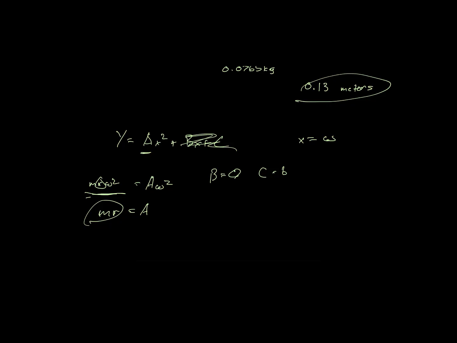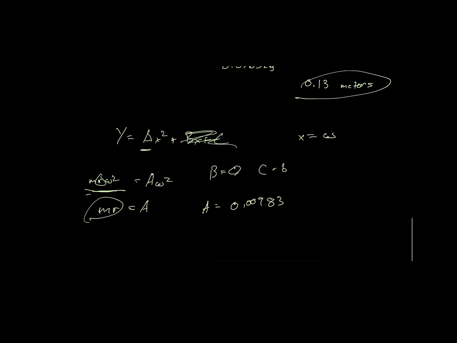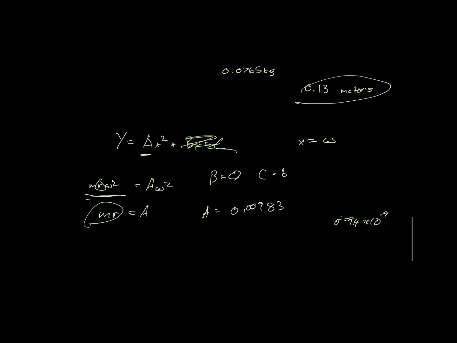And this time our A is 0.00983. You can see it's pretty close to the little m we had before. The difference, and this is what I'm trying to highlight, is that our uncertainty this time is 9.4 times 10 to the, I can't really see it, it's to the -9, let's just say, okay?